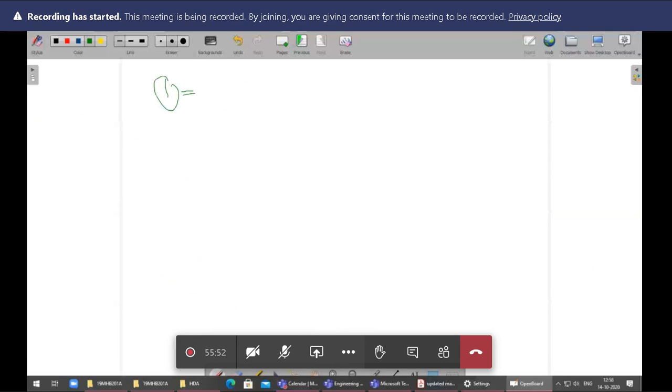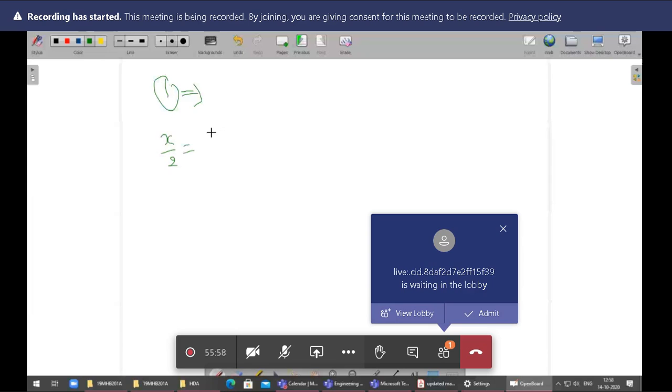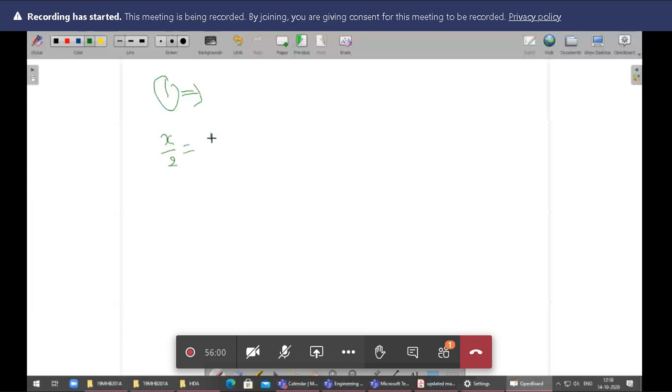So equation 1 becomes, what is our equation 1? f of x, f of x is x by 2. That is a naught, a naught is pi by 2, plus a n is 0, plus summation n from 1 to infinity, b n is minus 1 by n sin nx.